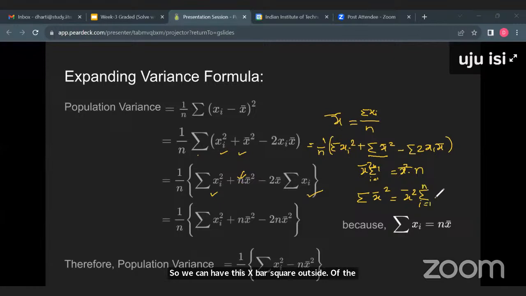If x bar square is common out, then what is left here? 1. So this summation i equal to 1 to n of 1 will give me what? 1 plus 1 plus 1, n times, right? So this summation term will become n. So my term summation x bar square will turn to n into x bar square. Is it okay?